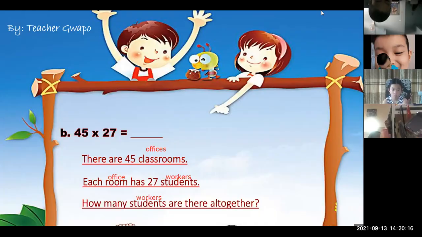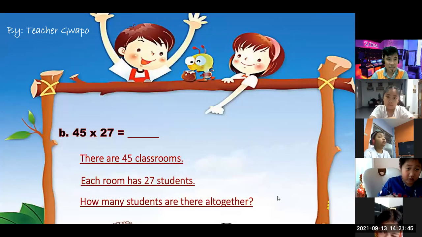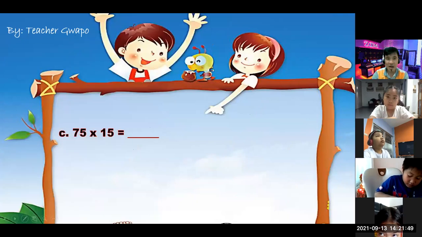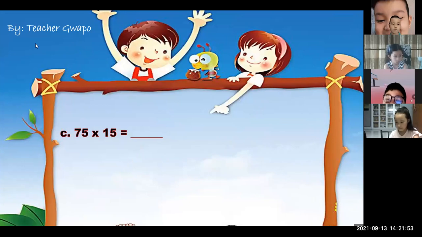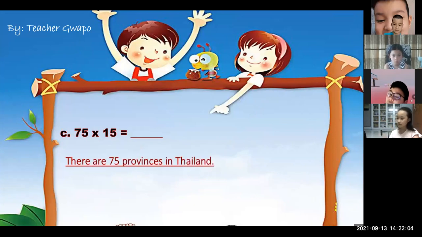For letter C, the multiplication equation here is 75 times 15. So let's say, for example, there are 75 provinces in Thailand.